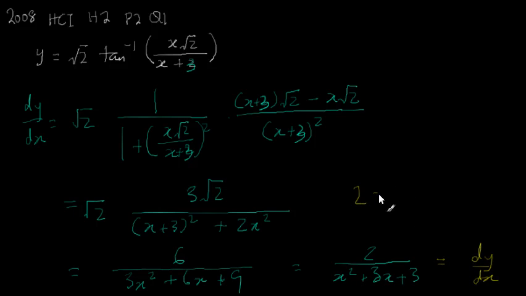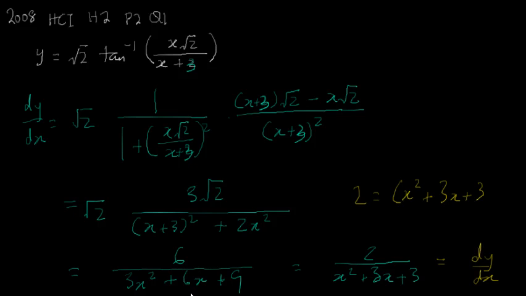I get 2 is equal to, move this over to the other side. Okay, I get x squared plus 3x plus 3. Oh no, wait.